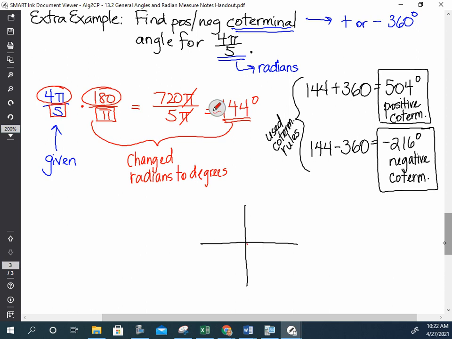Your initial angle always starts on the positive x-axis. Since it's positive, you're going counterclockwise. 90 degrees, 180 degrees, so 144 will be somewhere in there.